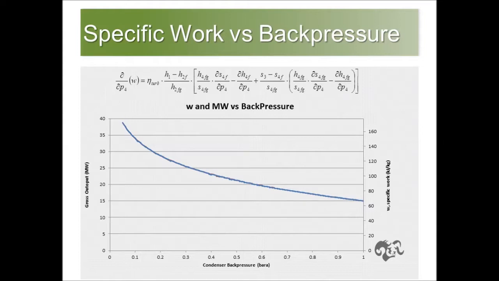I've found that this is something that operators often don't fully understand. Providing this as a real-time calculation and screen graphic, you can give them the tools to understand this issue so that they can help to maximize your plant revenues. But note that I haven't included the exhaust pressure loss curve in this equation, and so that would have to be taken into account, especially if you're able to operate at very low condenser back pressures.